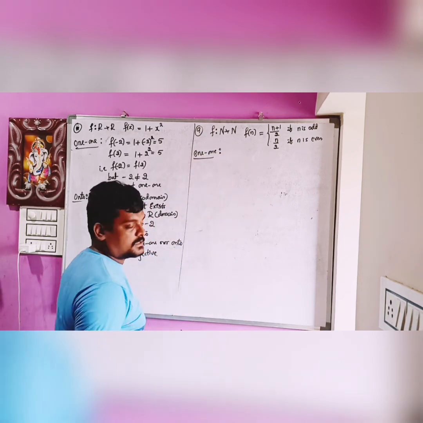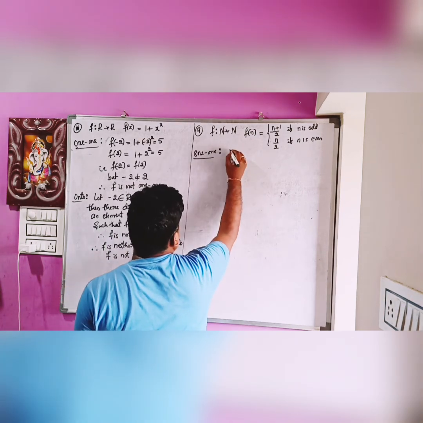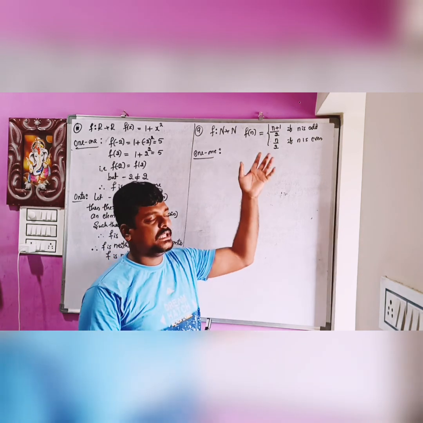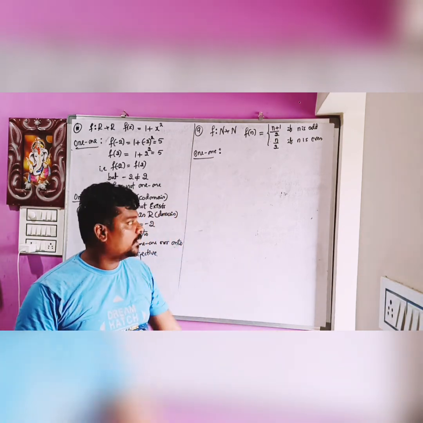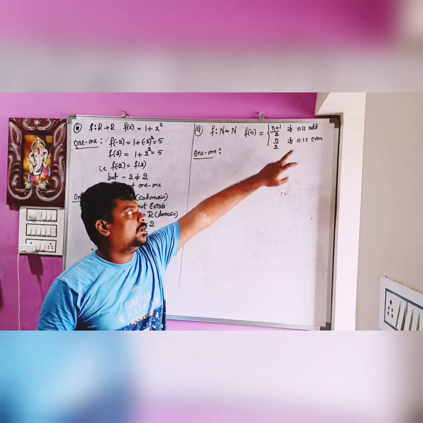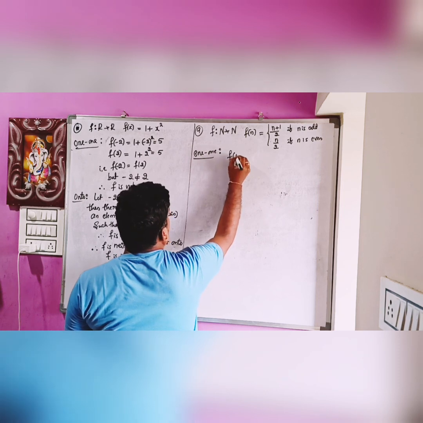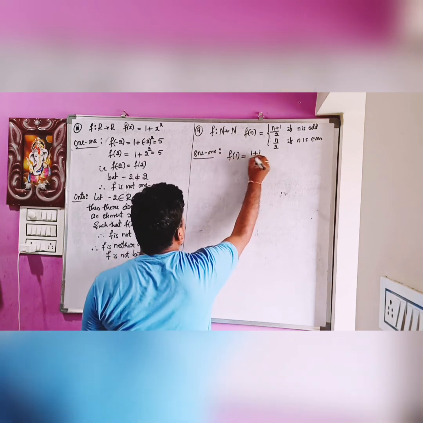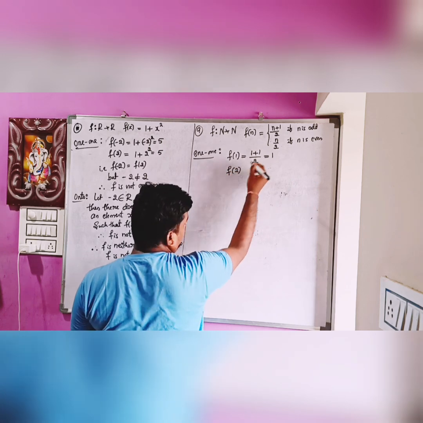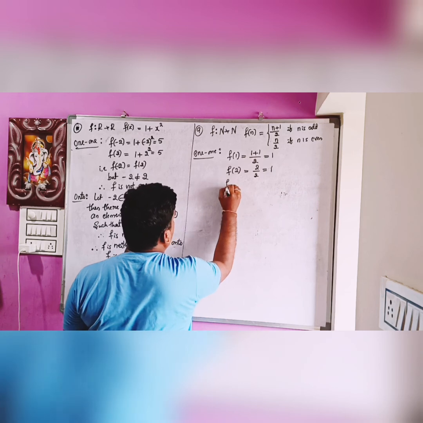For the one-one case, what is the f of 1 value? If I take n as 1, n is an odd number. First case, we have 1 plus 1, 2, 2 divided by 2, it is 1. What is f of 2 value? f of 1, first case, 1 plus 1 by 2, answer is 1. f of 2, second case, even number, 2 divided by 2, it is also 1.